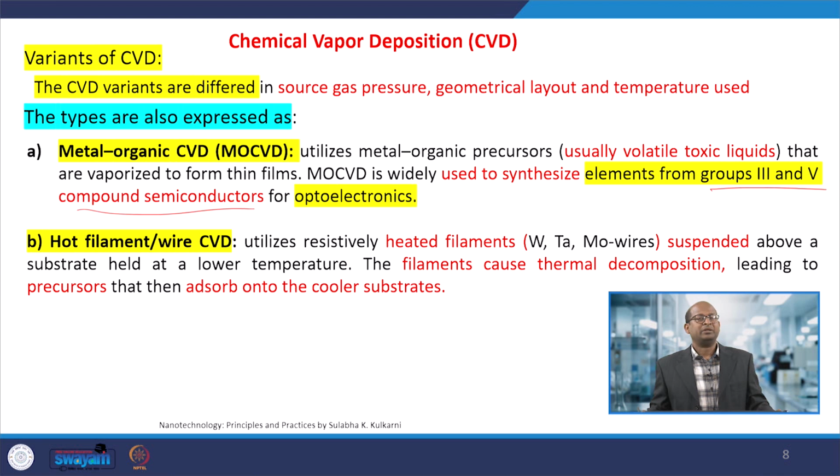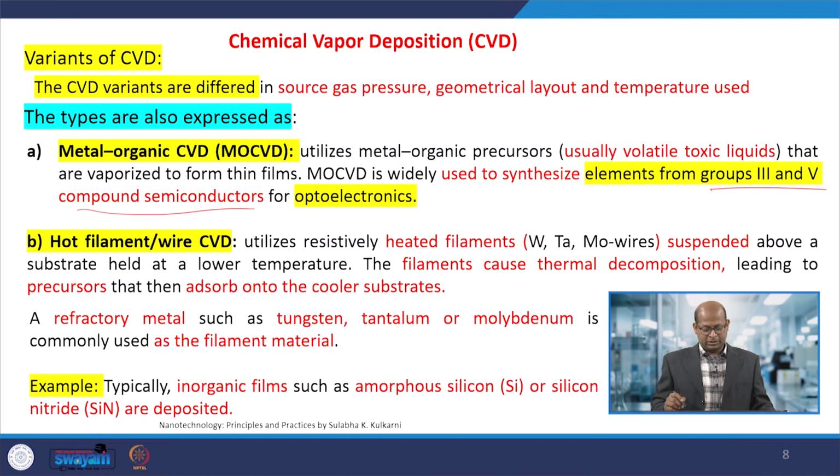Then hot filament or wire CVD can also be used. In that case, heated filaments made of tungsten, molybdenum, or tantalum wire are suspended above the substrate, instead of heating the whole chamber. We place the substrate at a particular location, and above it the filament is suspended. Thermal decomposition occurs over the filament, the precursor is adsorbed on the filament surface, and then film formation occurs on the cold surface.